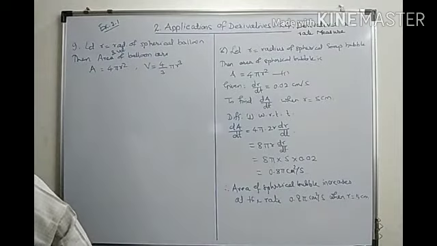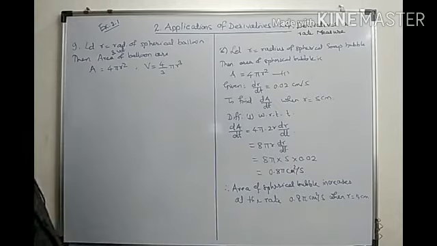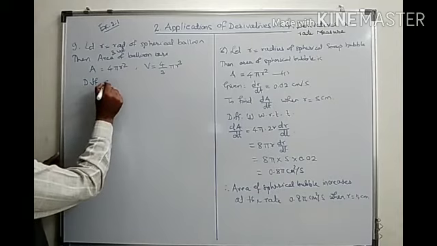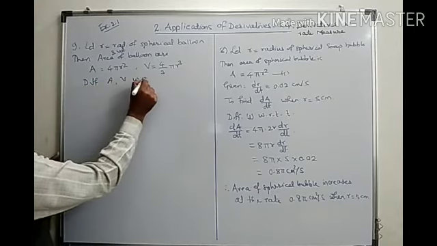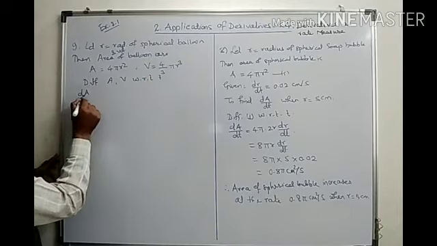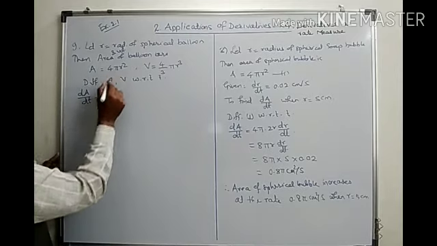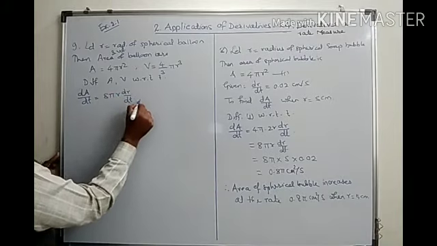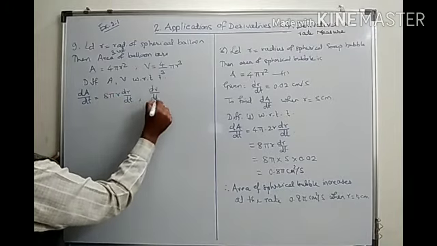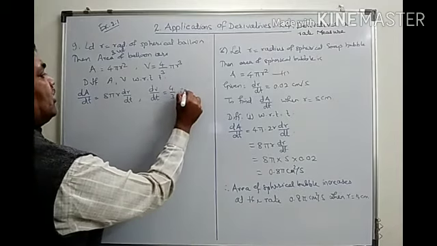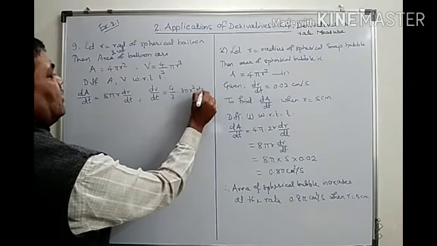What we are given here is dA by dt. Differentiating A and V with respect to t, r is a function of t. So dA by dt is equal to 8 pi r dr by dt, and dV by dt is equal to 4 by 3 into 3 pi r square dr by dt.